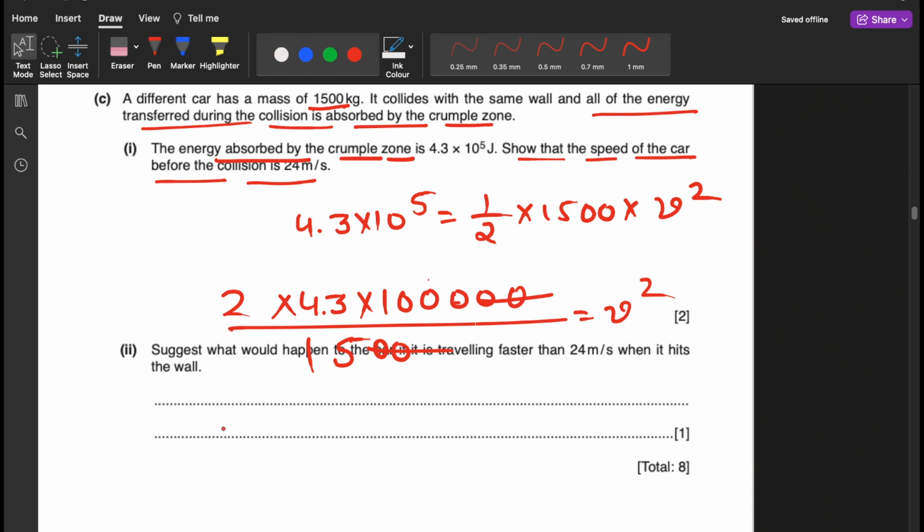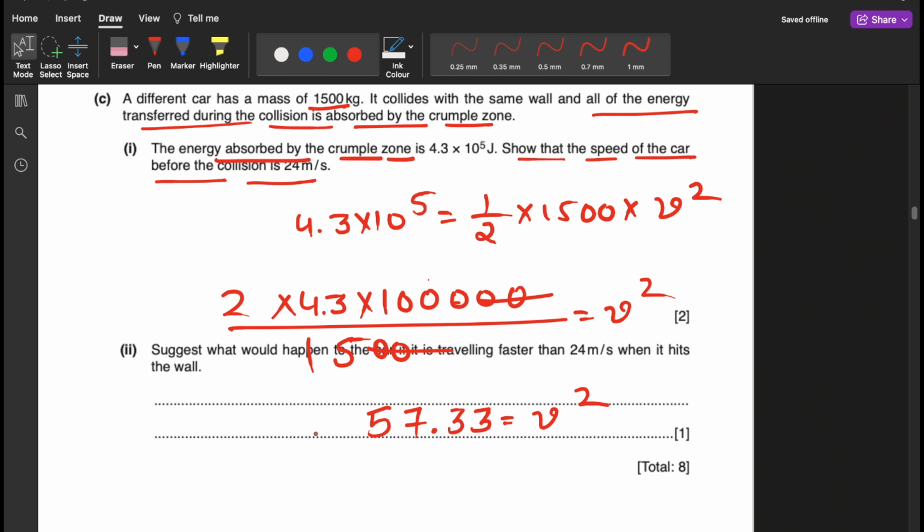2 into 4.3 into 10 to the power 3, divided by 15, and you will get something in decimal, correct? Are you getting 57 something? No, let me do it again.